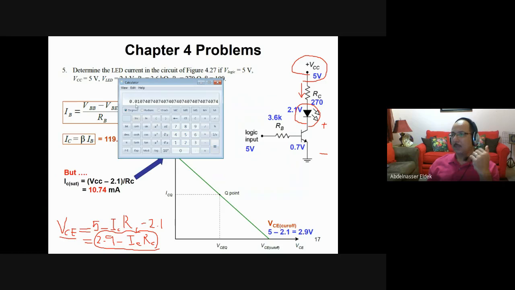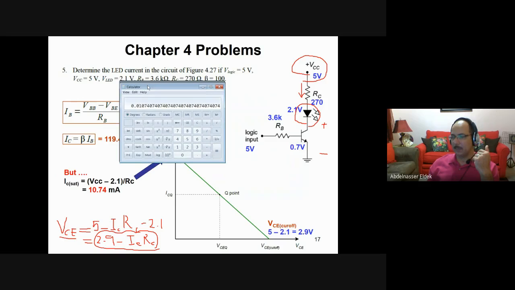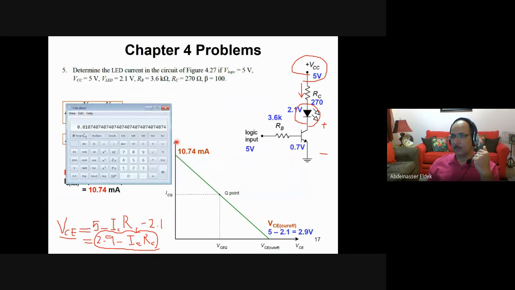That is 0.0107. So this is the number here. Okay, this is in ampere, so it is equal 10.7 milliampere, 10.74 milliampere. Okay, so now this is this point here, 10.74 milliampere.